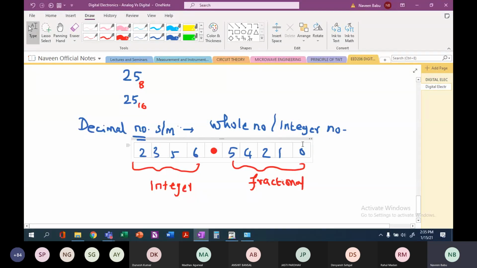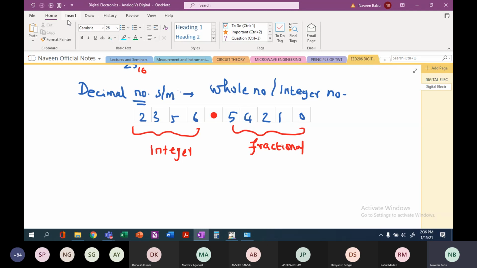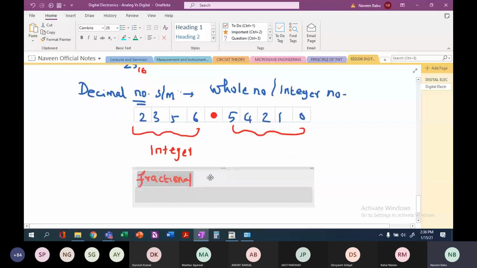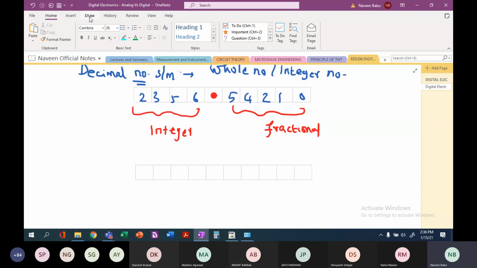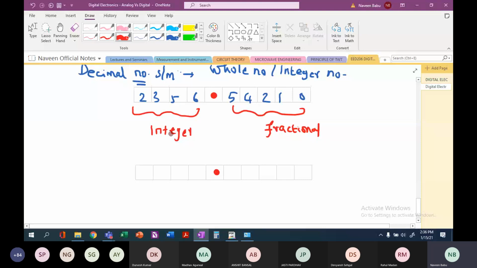And what is the weight of these positions? We have our dot exactly in the center. And what is the weight of 6?